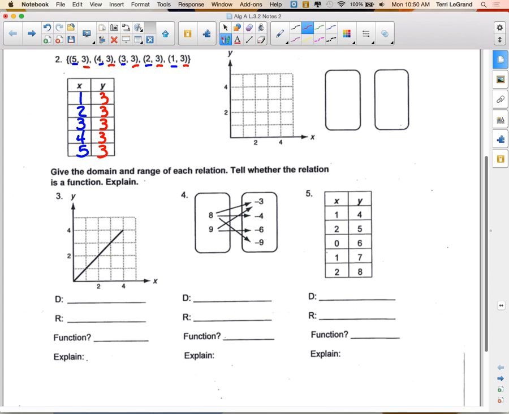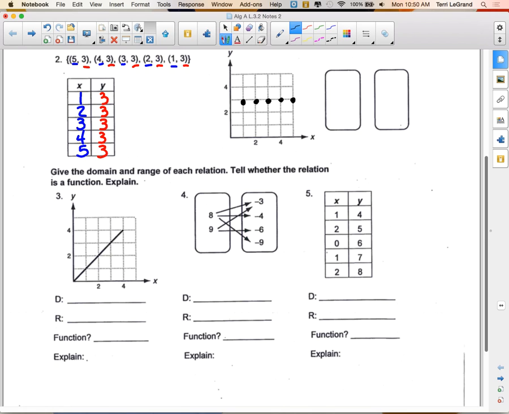Go ahead and plot those points down on the graph. What will that look like on the graph? They're lined up in a special direction.